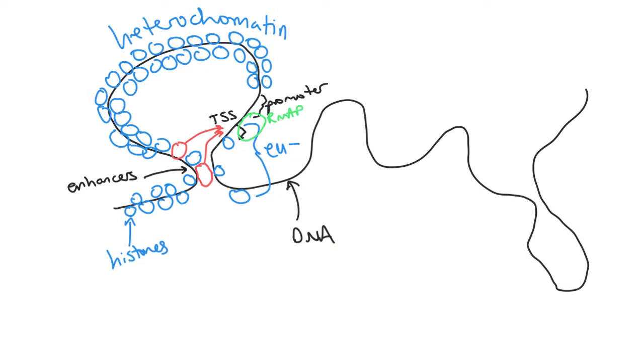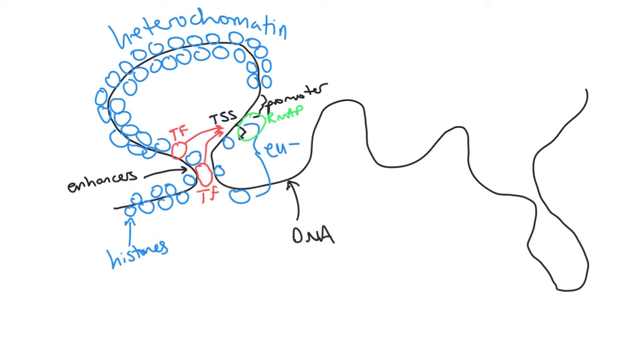So red are transcription factors. Those transcription factors bound to their enhancers near the transcriptional start site in three-dimensional space are things that, say, stabilize RNA polymerase at the transcription start site so that transcription can begin.